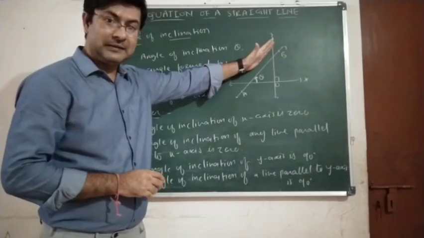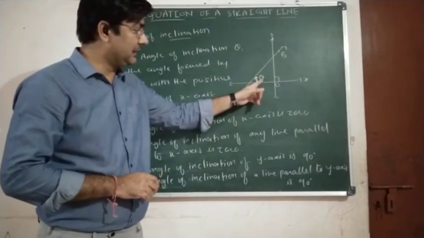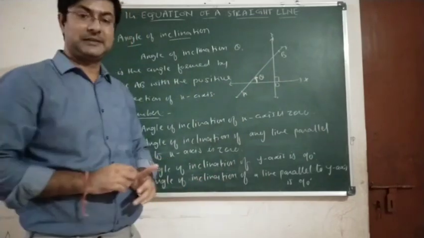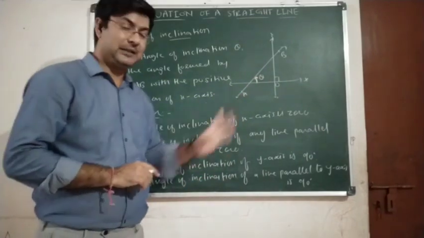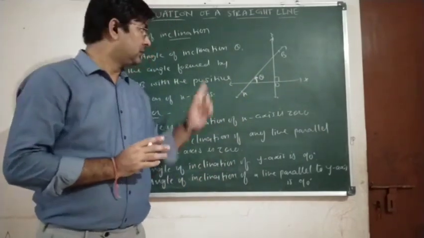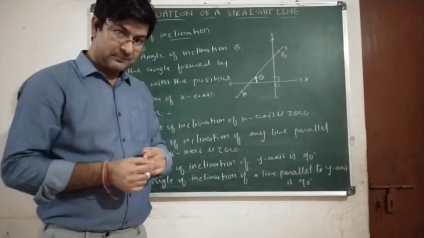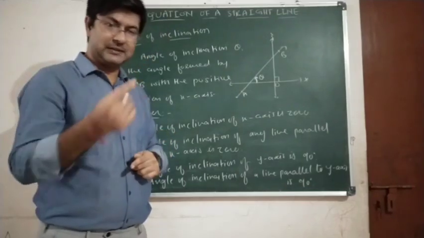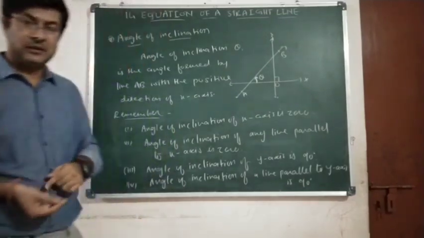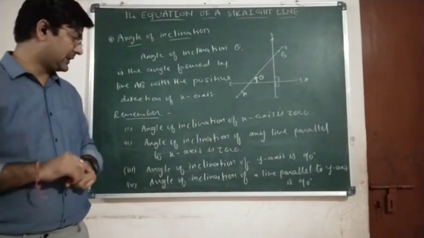If any line forms an angle theta with the positive direction of x-axis, that angle theta is called the angle of inclination. Clear? Positive direction means anti-clockwise direction, and negative direction means clockwise direction.